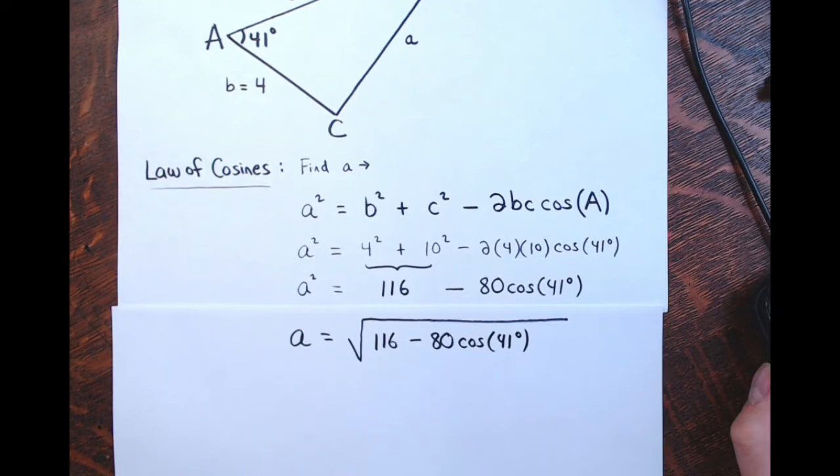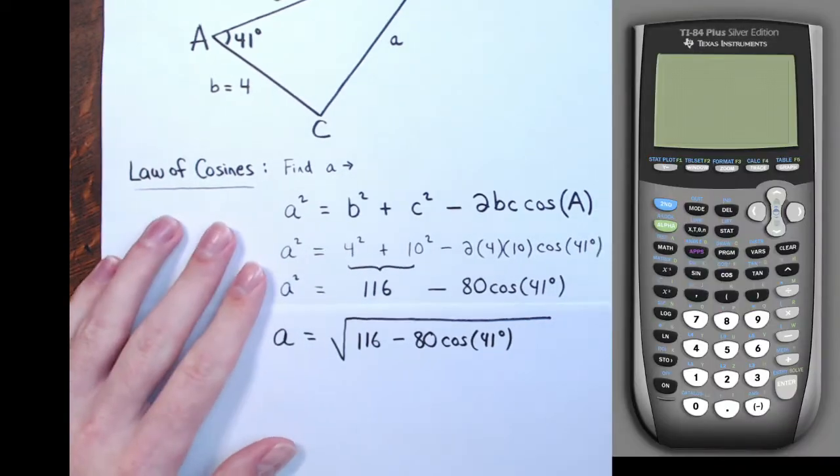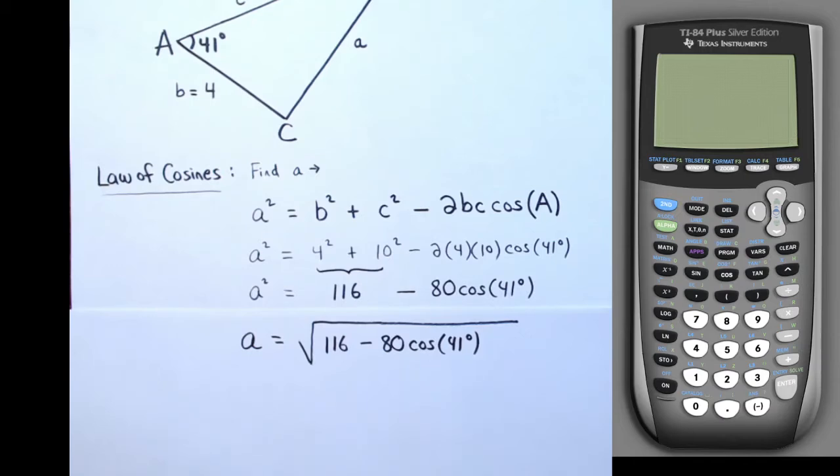So on my calculator, I'll pull a calculator up. Make sure, again, I'm in degree mode. Turn it on. So I'm in radian mode right now. Let's change that to degree. And then we're doing this square root, and make sure all of this is inside the square root.